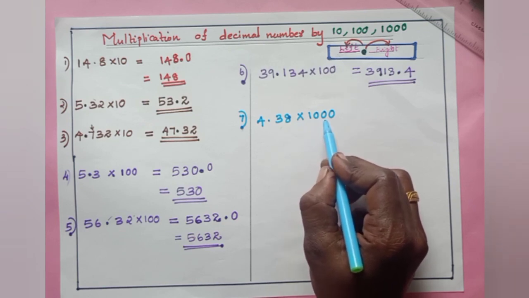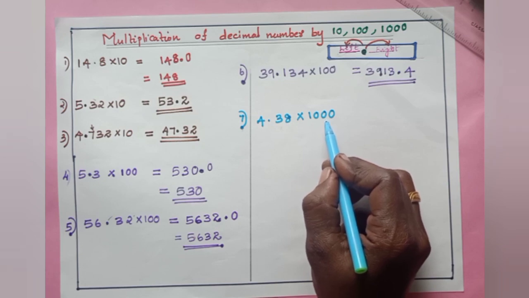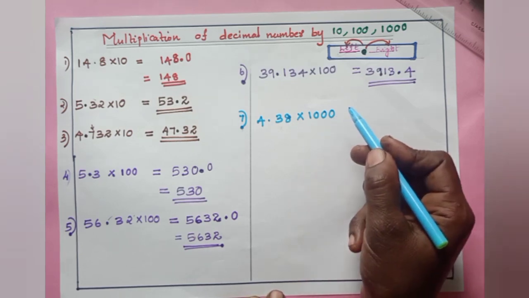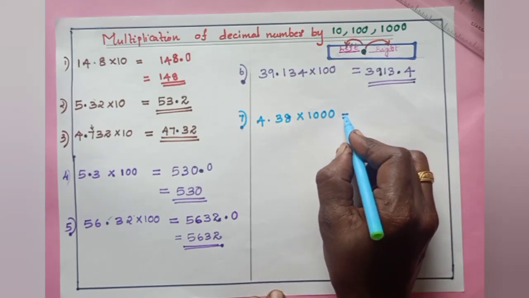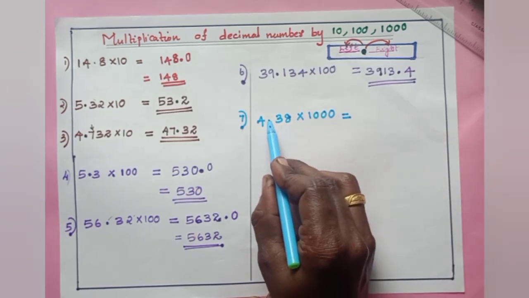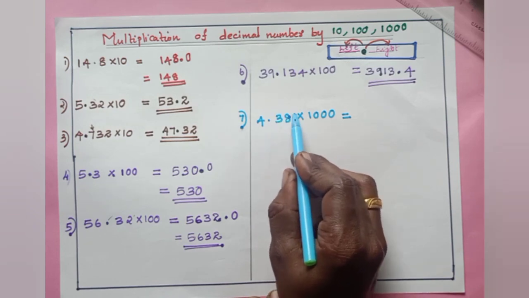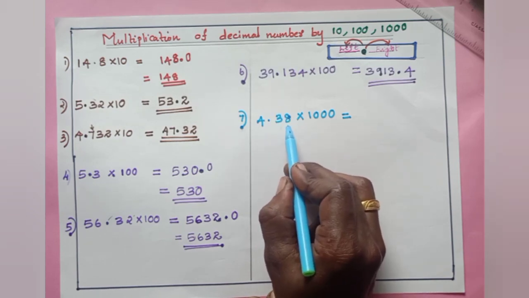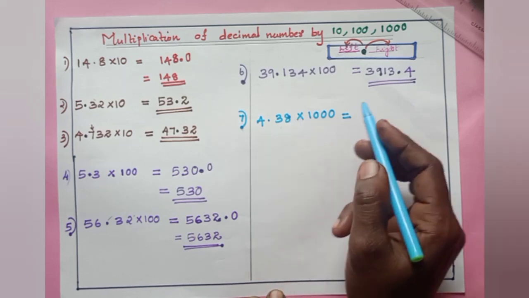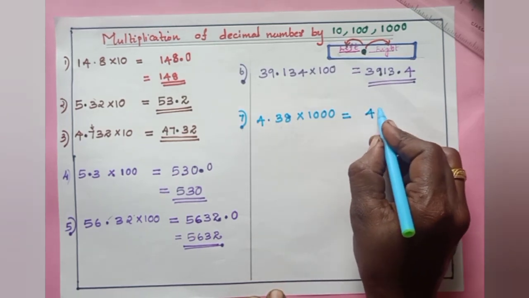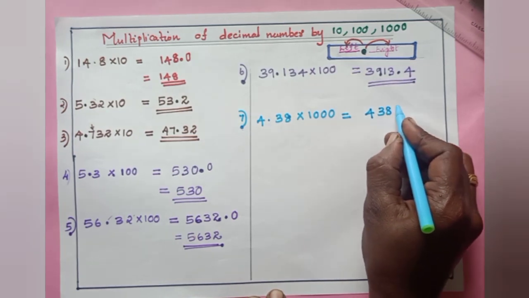Yes, the decimal point moves how many places? 3 places, where? Right by 3 places. So this point moves 3 places right, 1, 2. 2 places are here, so we want one more number. Put, yes, 0. So we get 4 3 8 0.